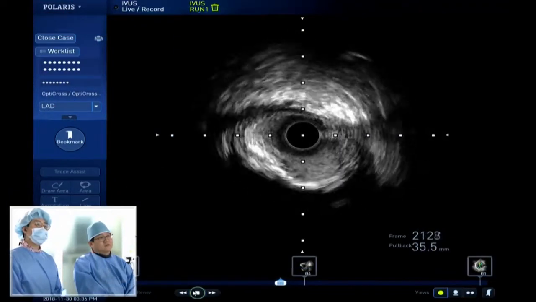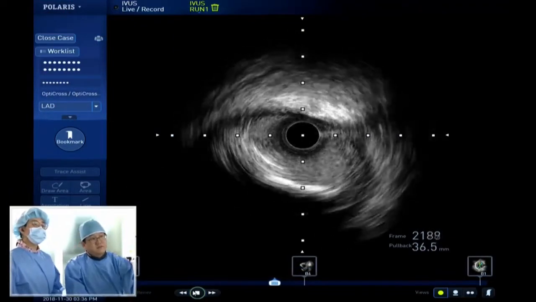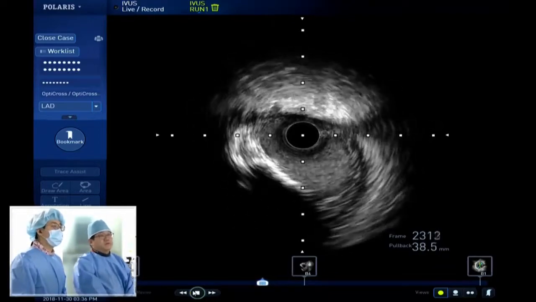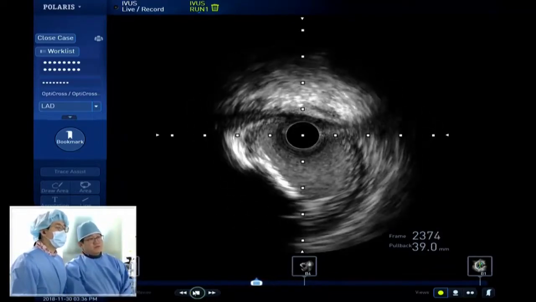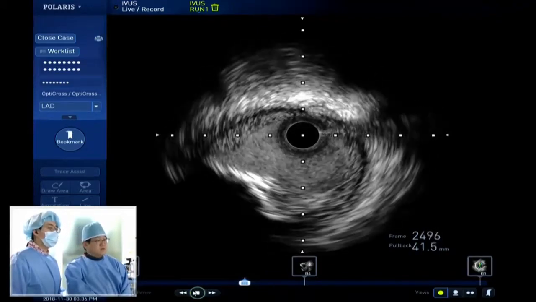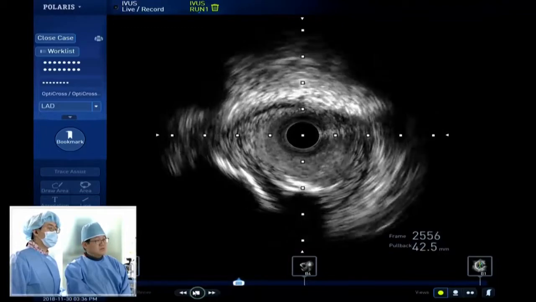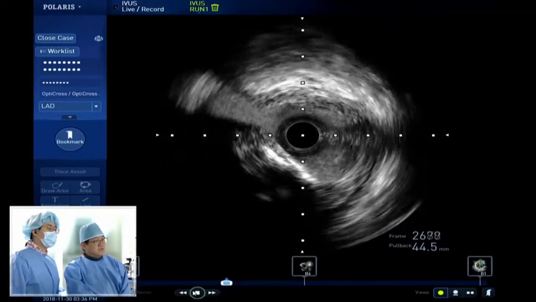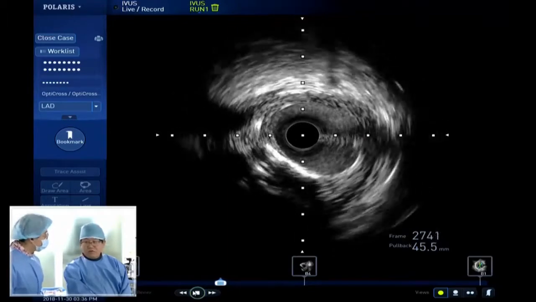The vessel is more than 4.0. So fortunately, this patient had bypass surgery to the circumflex. My initial plan is long stenting, two long consecutive stents using 3.0 by 30 and 4.0 by 33 Osiris stent.